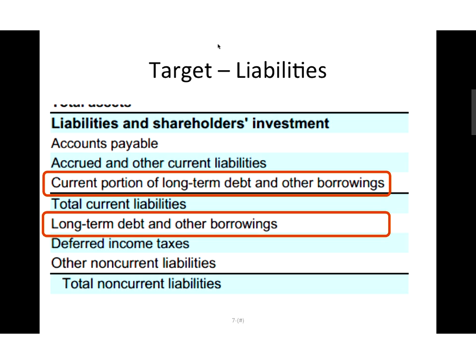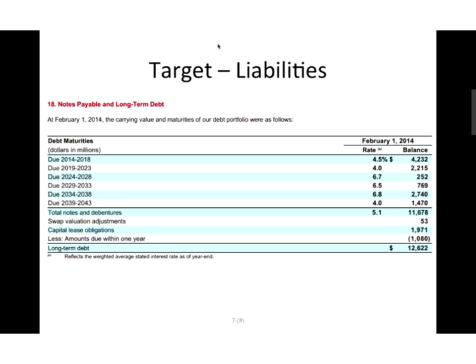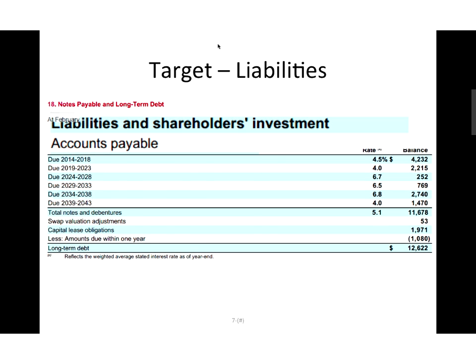So analysts look at the current assets, which are resources available within 12 months, and current liabilities, which are things due within 12 months, and hopefully you have more resources than what's due. So that's why there's this split. The current portion of long-term debt and long-term debt actually refer to the same loans. We just split out what principal is due versus what's due after a year. And in the notes, it'll tell you exactly what due dates they have on different debt.